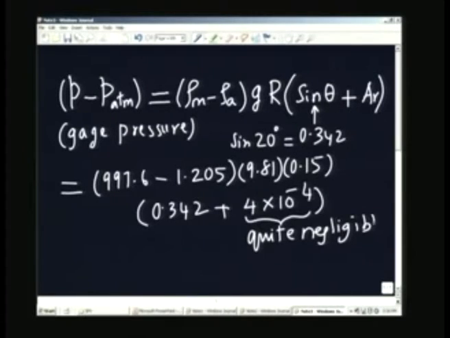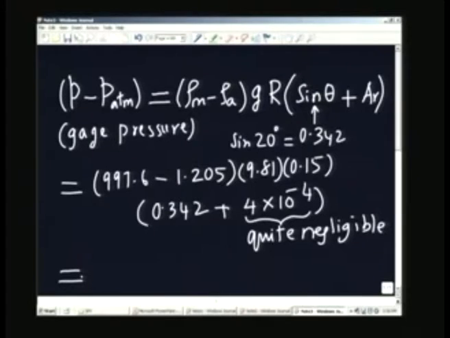So, the idea of taking an example is to get a feel for the apparatus or the instrument and understand what are the significant things, what are the insignificant things in that particular example, find out what kind of approximation is valid, and in this case you can see that the area ratio being very small, in fact we can ignore it, and most of the time it is actually done that way.